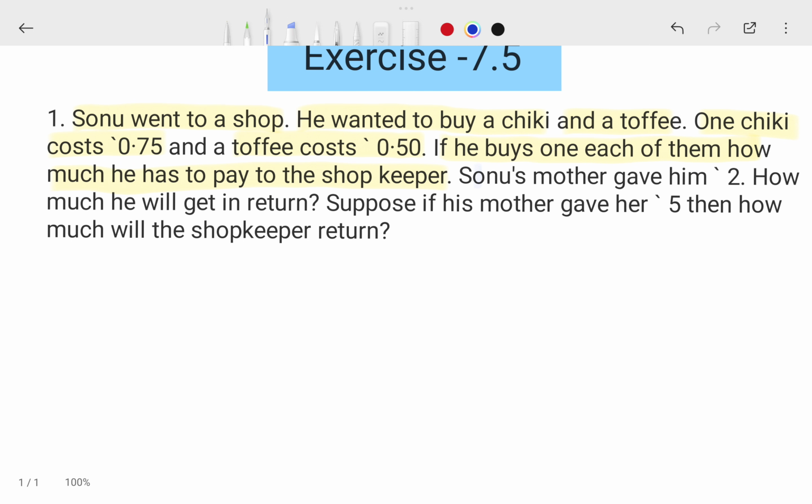If we buy each of them, how much has to be paid to the shopkeeper?